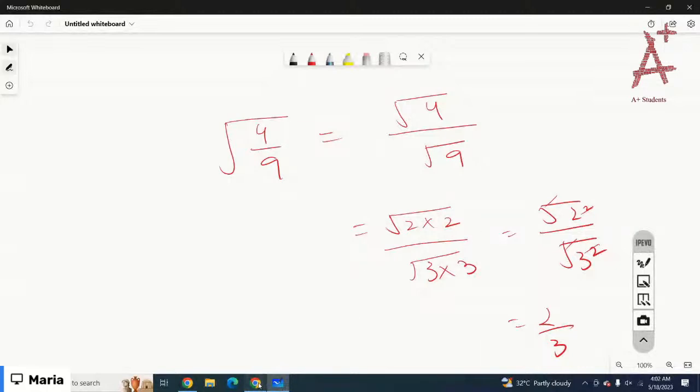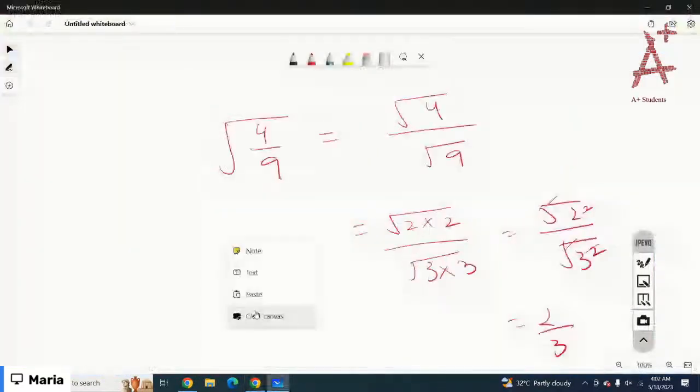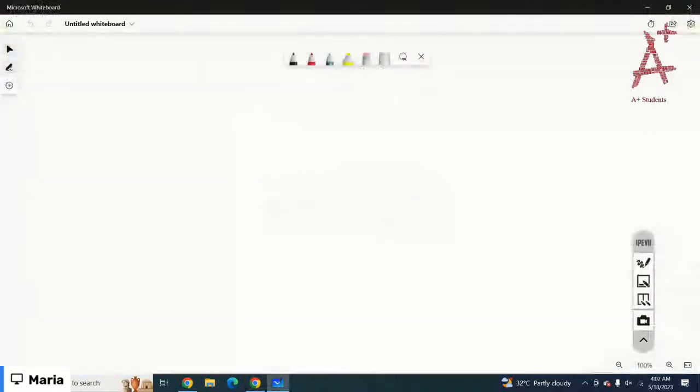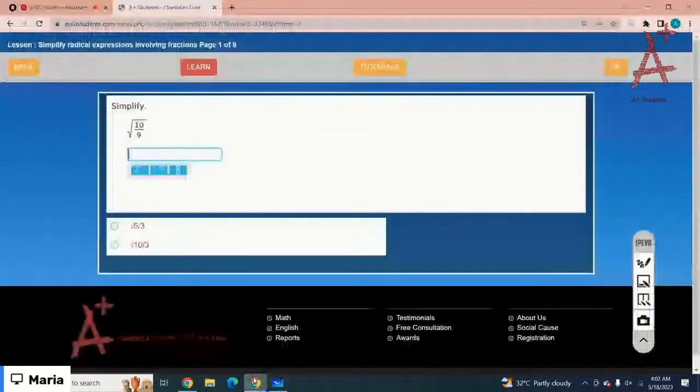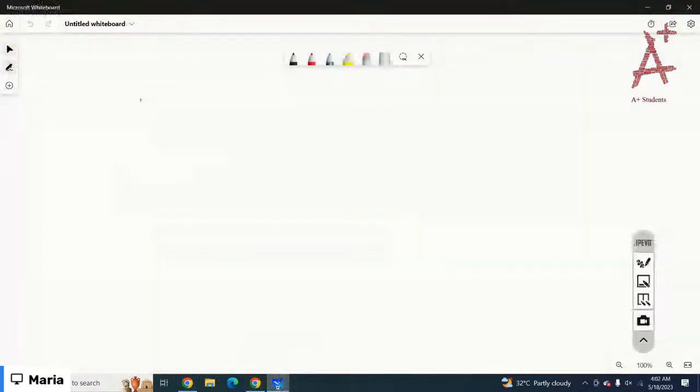Let's start with the test questions. Basically the radical sign on the fraction means the radical is on both the numerator and the denominator. Let's start with the first one, square root of 10 over 9. You can write it as square root 10 divided by square root 9.